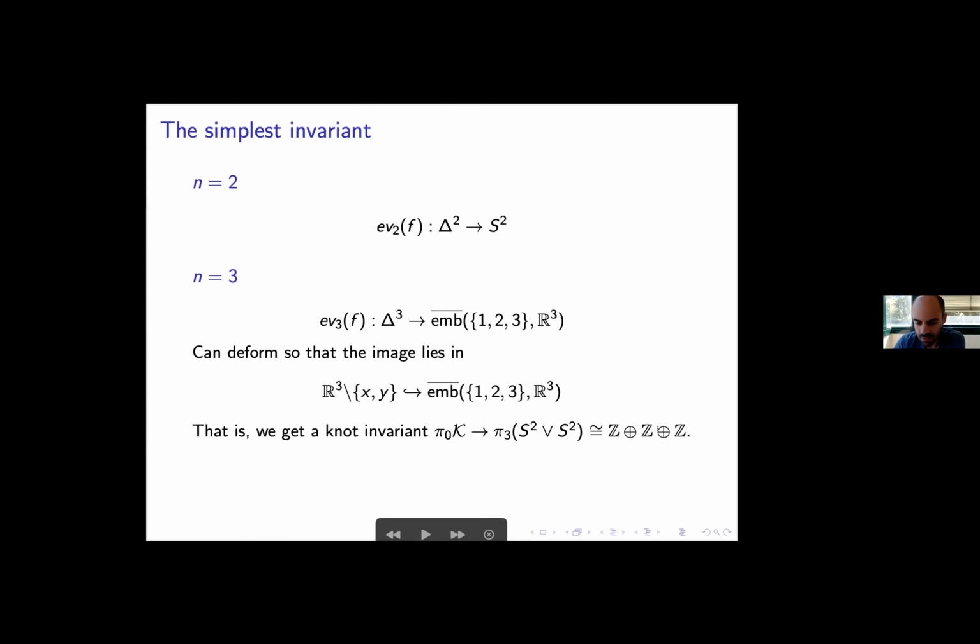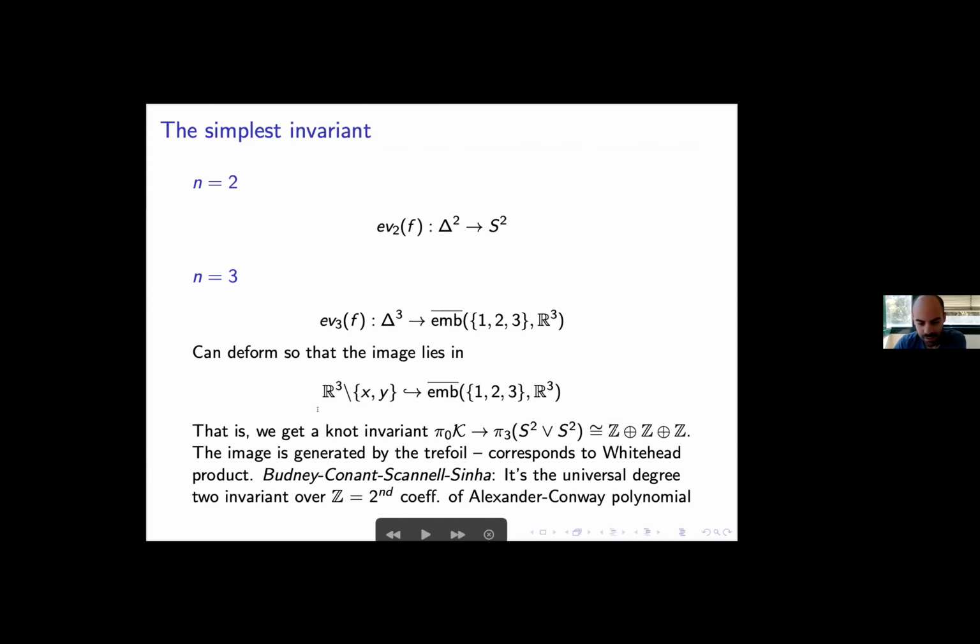So it's generated by, there's 3 generators. There's 2 corresponding to the 2 Hopf maps. And there's the third one, which is essentially the Whitehead product of the 2 inclusions. And you can show that actually the image of the trefoil corresponds to exactly this Whitehead product.